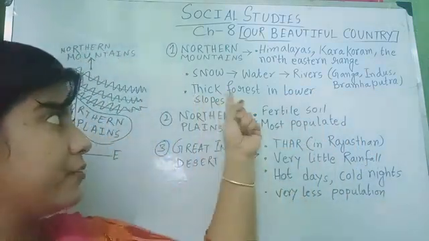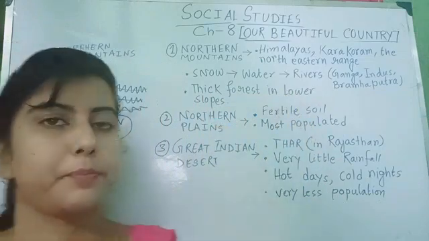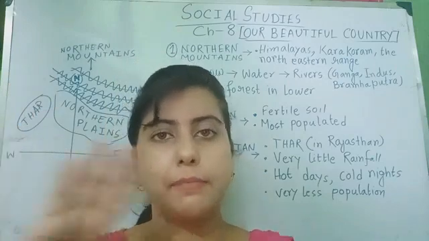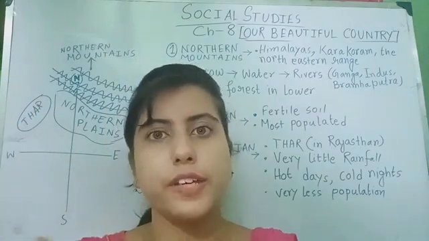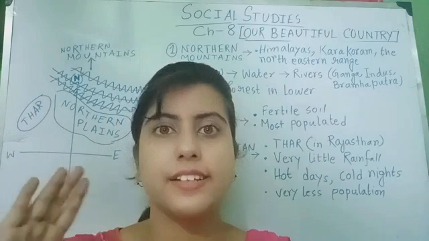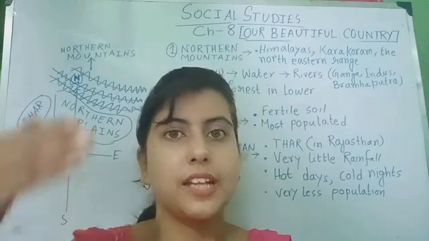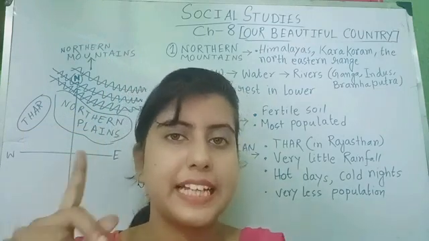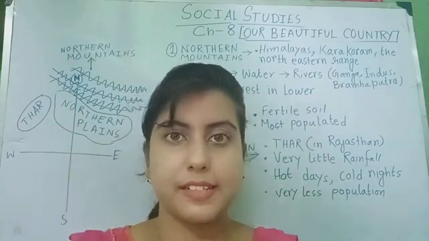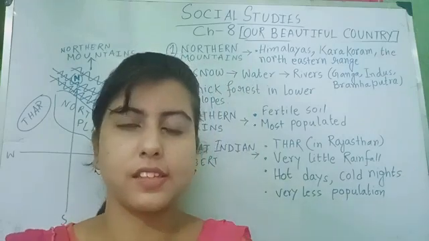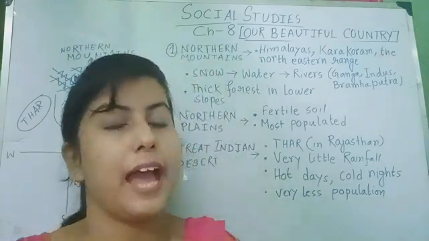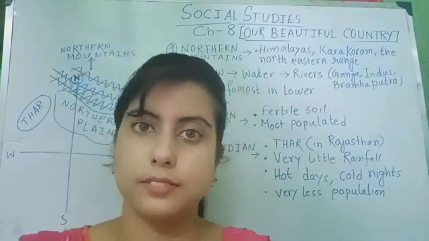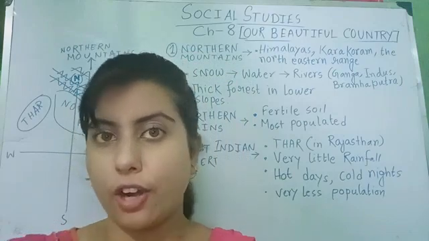Now, thick forest in the lower slope. As I have told you, the top part of the mountain range is always covered with thick, dense snow. But the lower slopes of the mountains are covered with thick, dense forest. And these forests have a variety of flora and fauna. Now, what is flora and fauna?